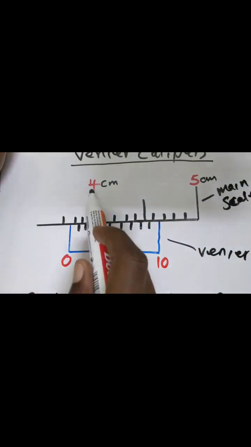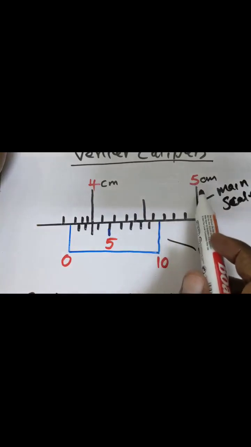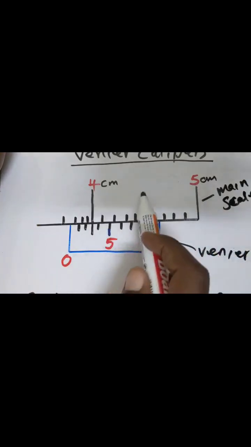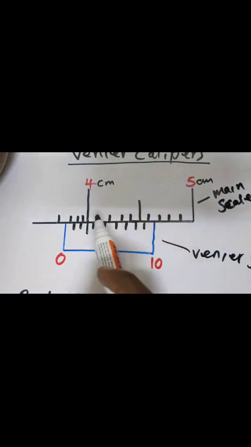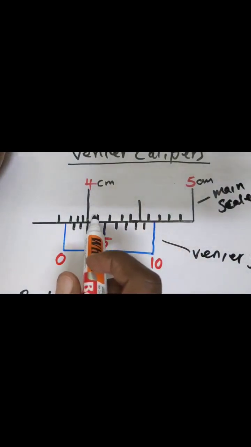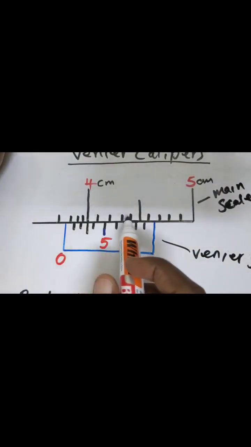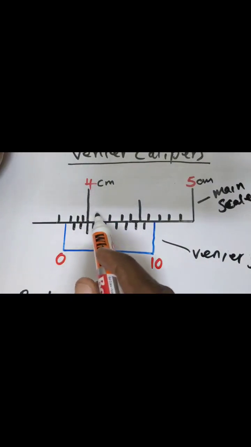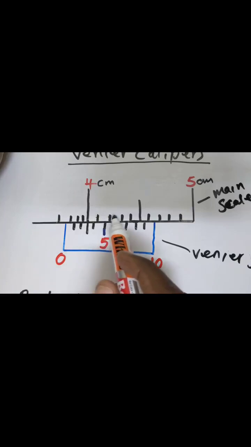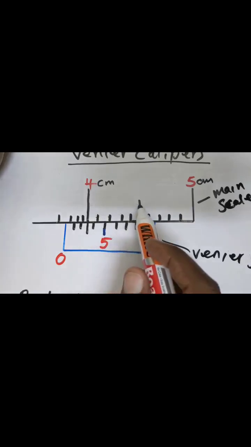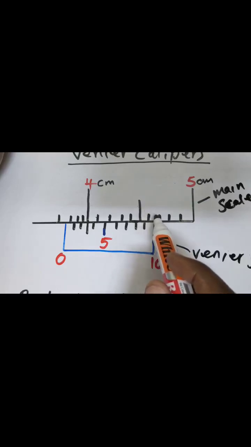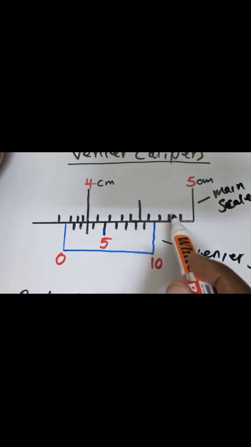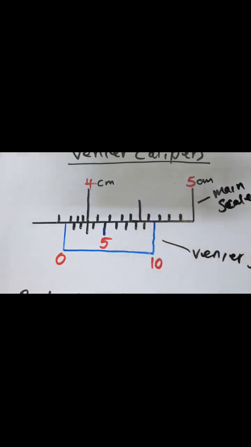If this is 4 and this is 5, then this is half of 4 and 5. So here it is 4, 4.1, 4.2, 4.3, 4.4, 4.5, 4.6, 4.7, 4.8, 4.9, then 5.